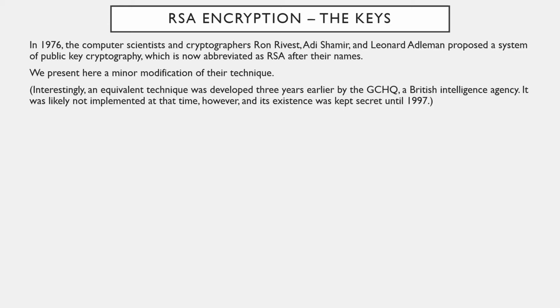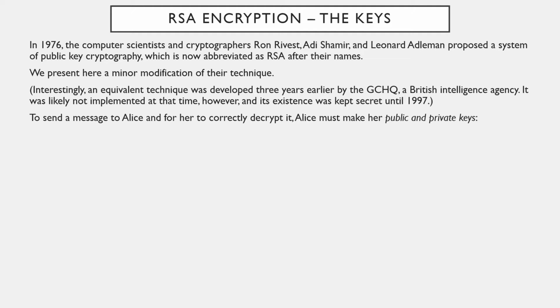It's widely believed it wasn't actually implemented to any great degree just due to computational issues. And because it was developed by an intelligence agency, it was kept secret for many years until 1997. So this method was probably developed a little bit earlier by someone in this British intelligence agency, but it wasn't really widely implemented at the time. And the version that spread is RSA.